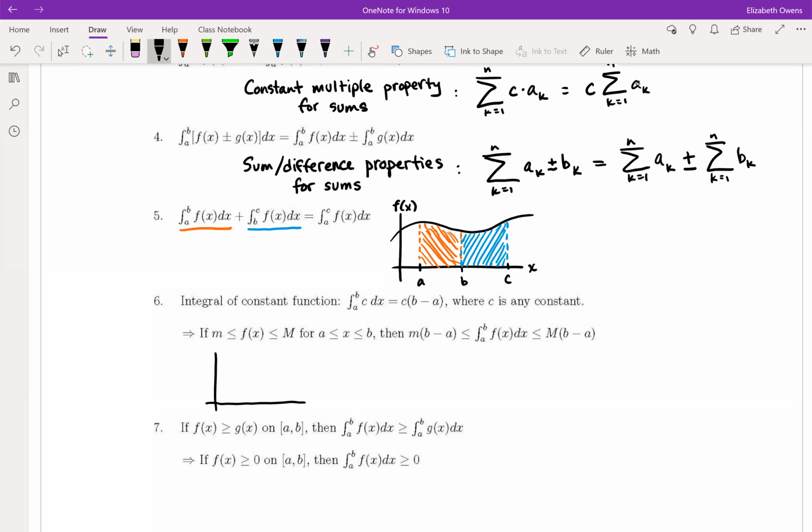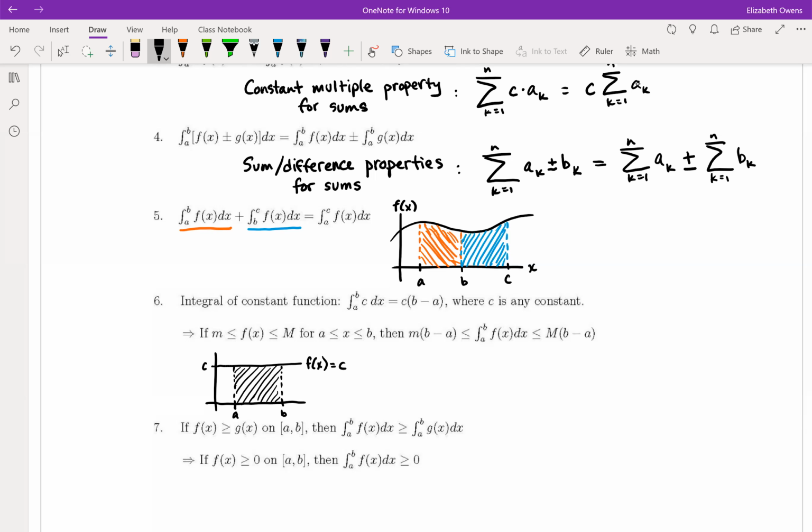Okay, a constant function c, like y equals c or f of x equals c, that is just a horizontal line. Okay, so this is the value c. So this horizontal line is f of x equals c. And if we're going to integrate that from a to b, that's going to be representing the area beneath our curve, so between the curve and the x-axis here.